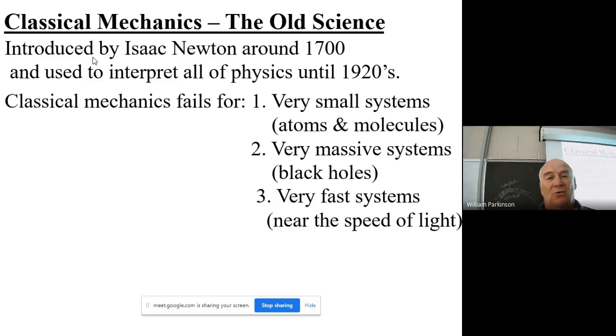We now know in 2020 that the ideas of Newton, which were formulated in the 1700s and were used to describe the behavior of everything up until the beginning of the 1920s, the rules that Newton had figured out, we now know don't work for very small things like atoms, like what we're talking about, but it also doesn't work for very massive things like black holes.